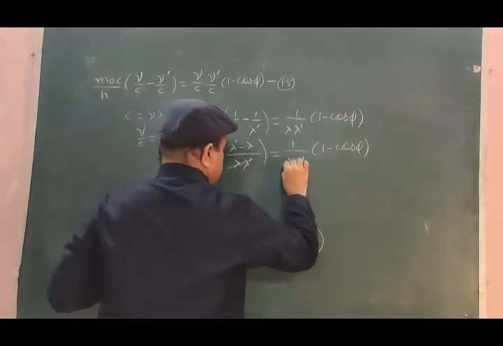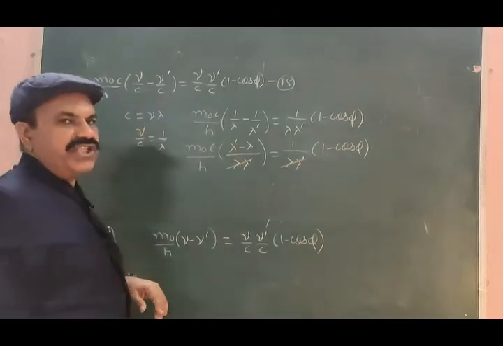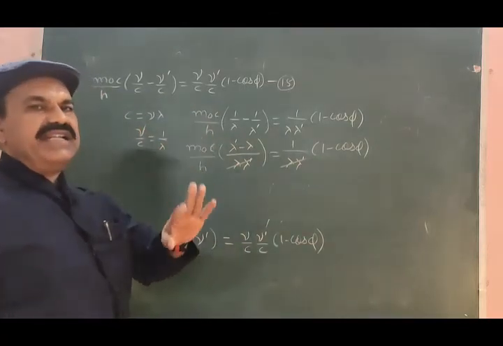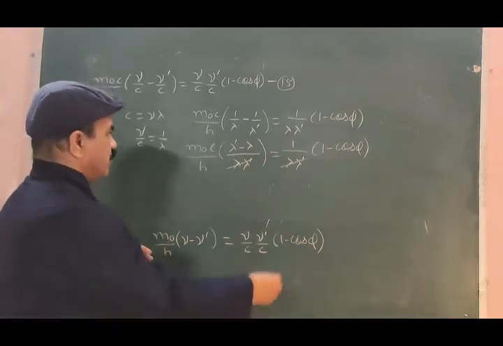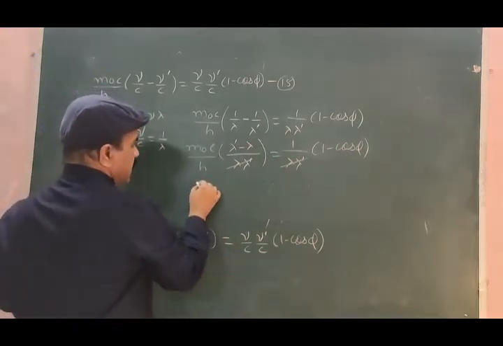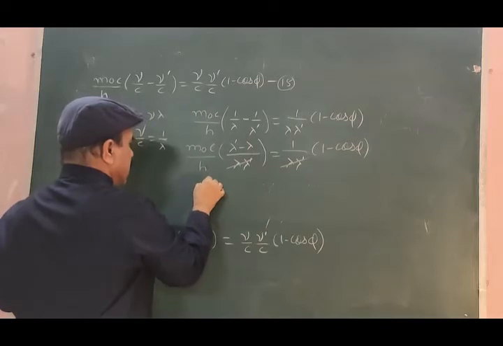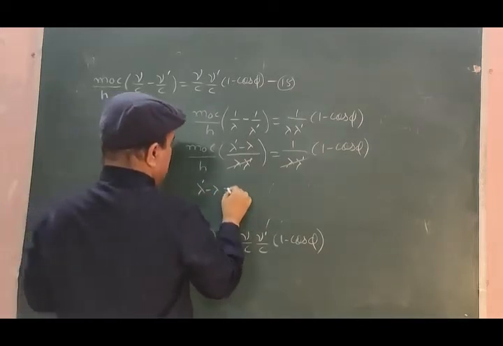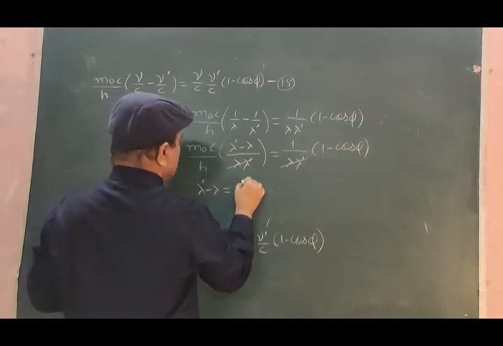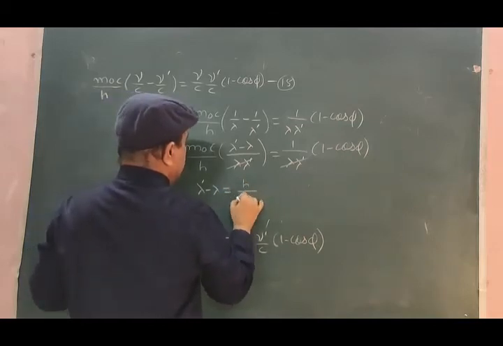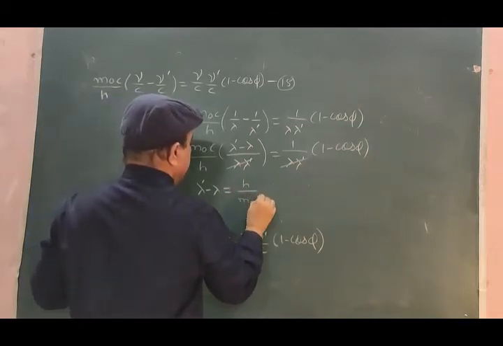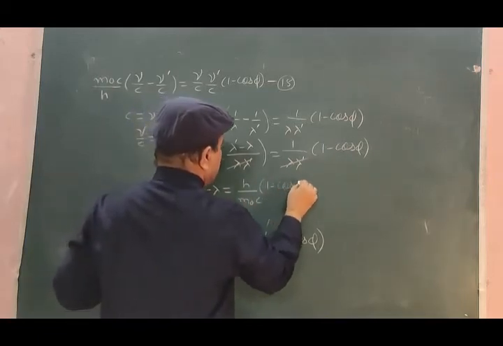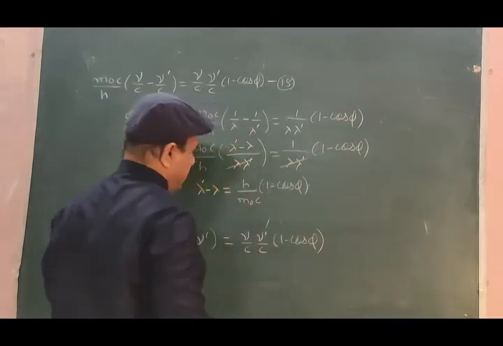Lambda dash in the denominators on LHS and RHS identically cancels out, and what is left is lambda dash minus lambda is equal to h divided by m0c into 1 minus cos phi.